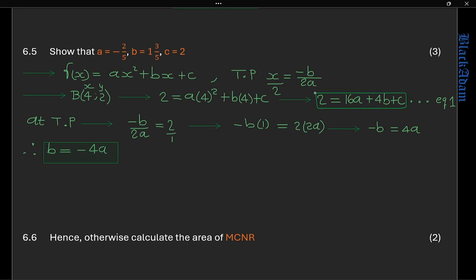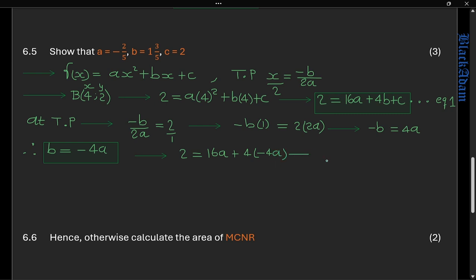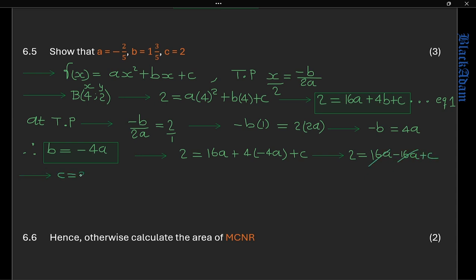Now we can substitute b: 2 equals 16a minus 4 times 4a, which is minus 16a, plus c. So the a cancels out, and we have c as 2.